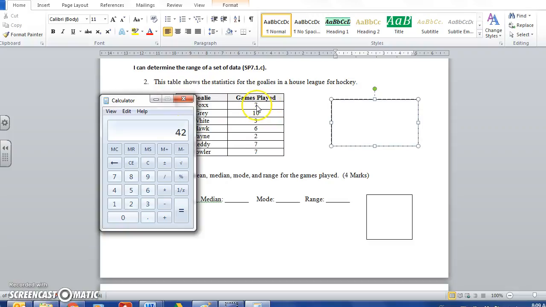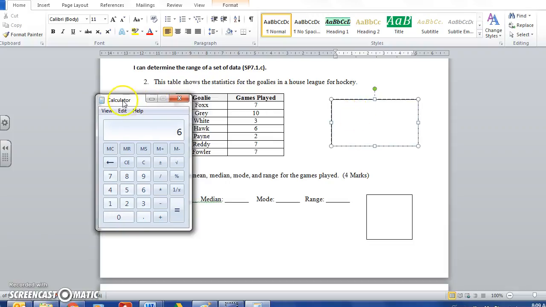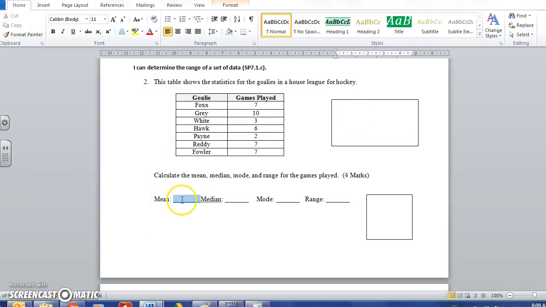I count and I have 1, 2, 3, 4, 5, 6, 7 different players. So I divide by 7 and I get 6. So therefore, I know my mean is going to be 6.